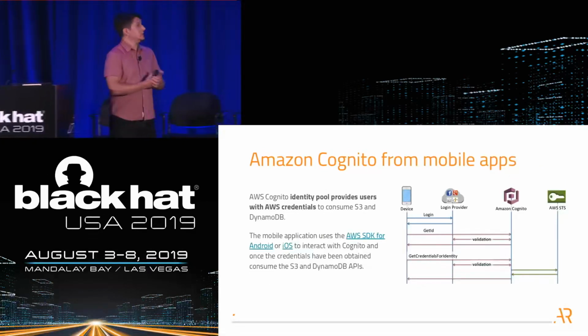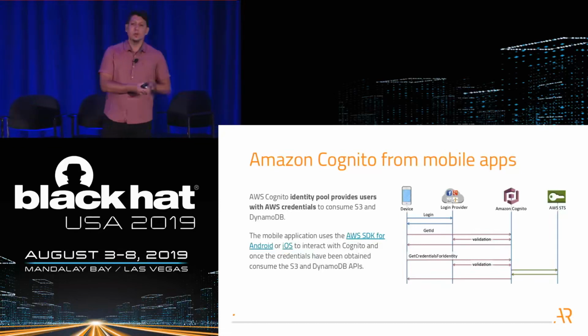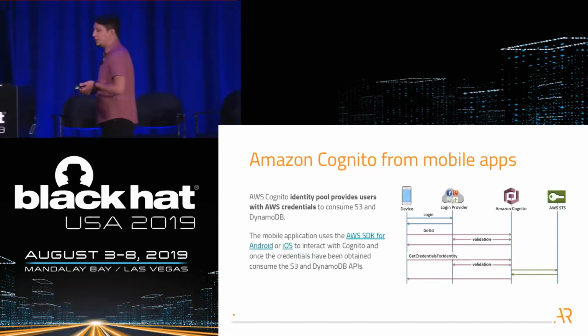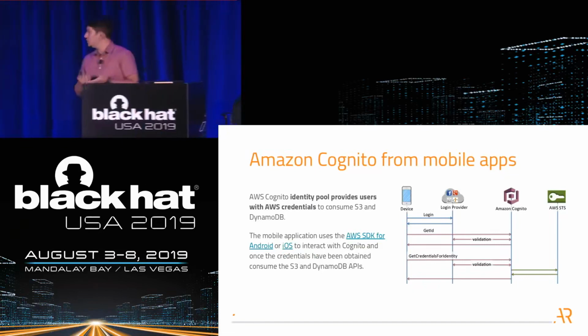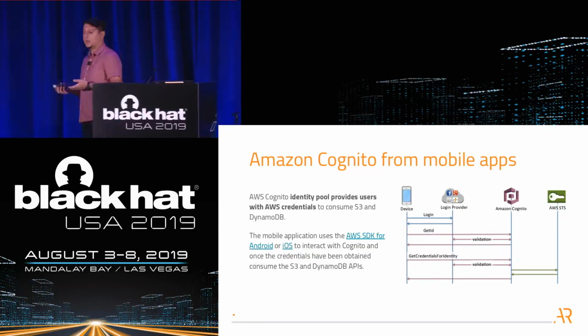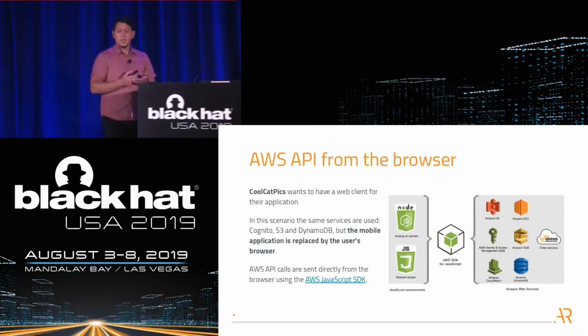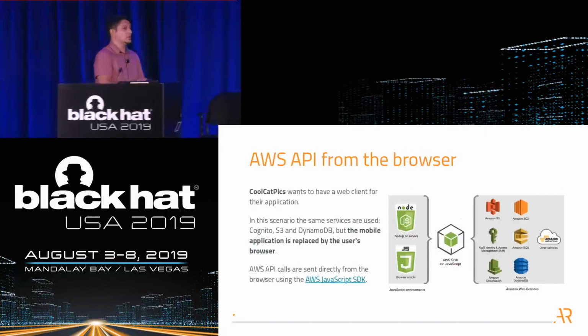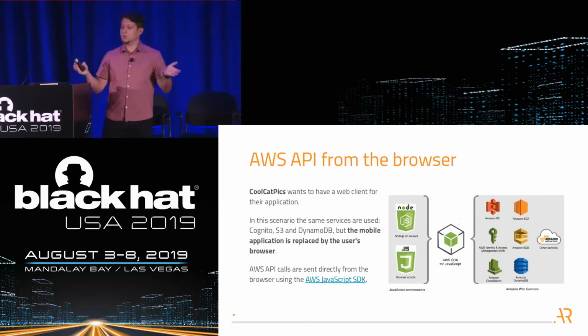All of this is done using the AWS SDK, which is available for Android and for iOS. Those SDKs are used to consume the APIs and to make the life of the developers easier. If you want to have the same application in your browser, that's totally possible.